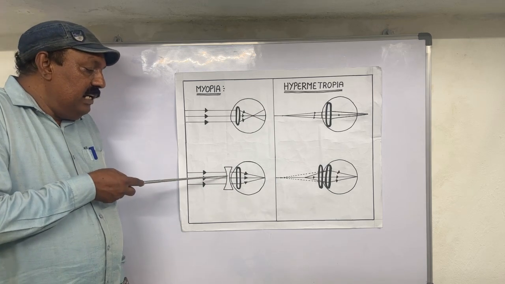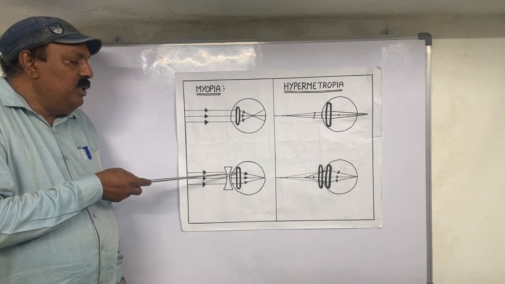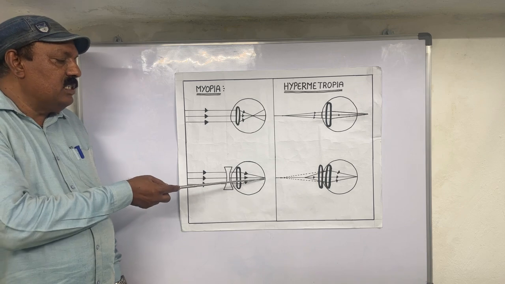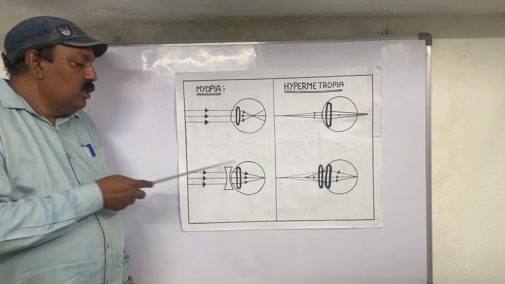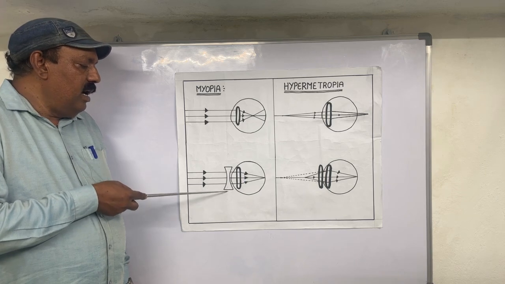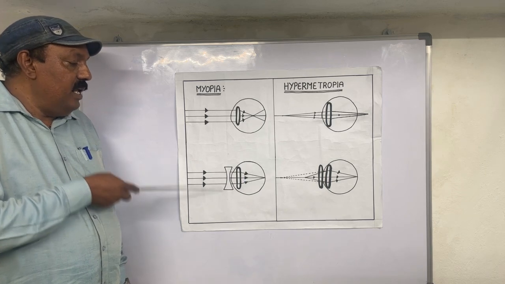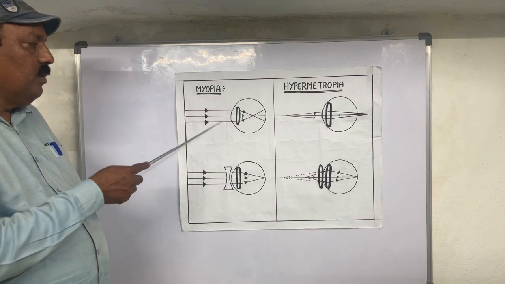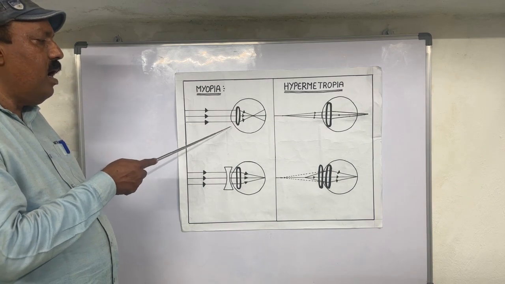So this lens makes more divergence of the parallel beam, to reach exactly on the retina. After adjusting this biconcave lens, people are able to see clearly. This is the defect of myopia or short sight, and this is its correction.